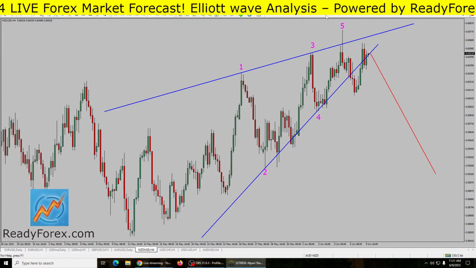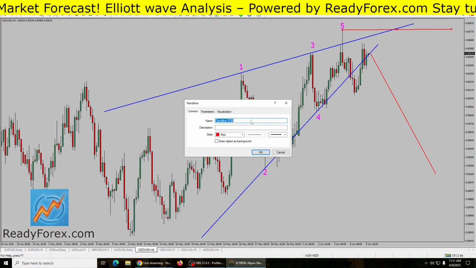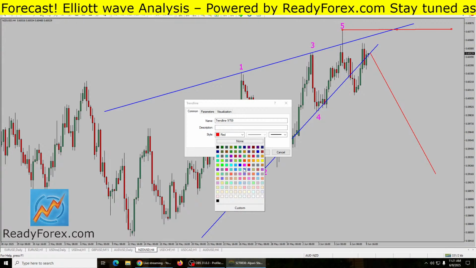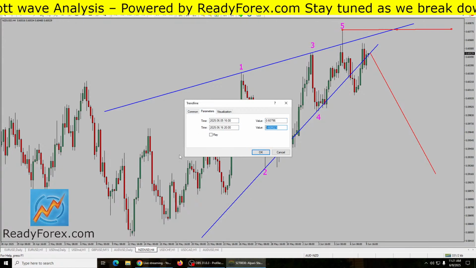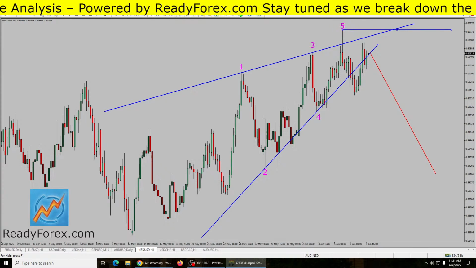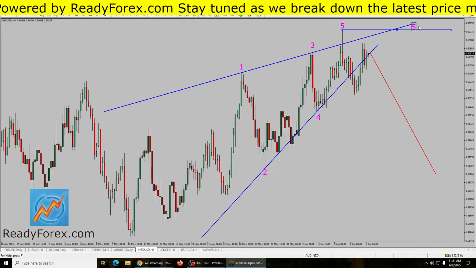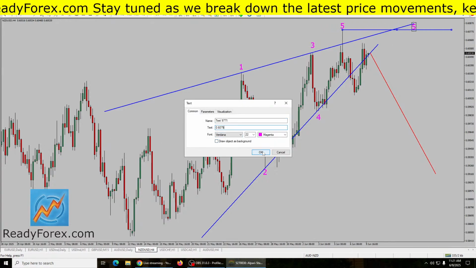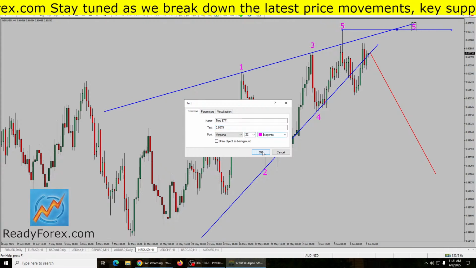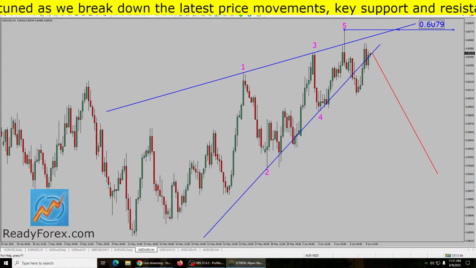In other words, if price action is going to break above this high, so we have a resistance level 0.6079. Okay, so that's the level 0.6079 right over here.